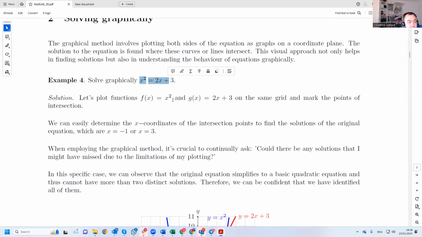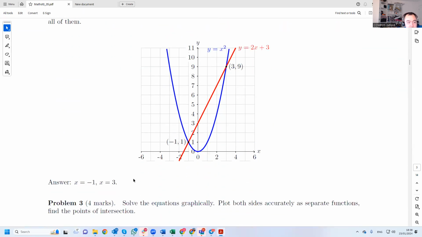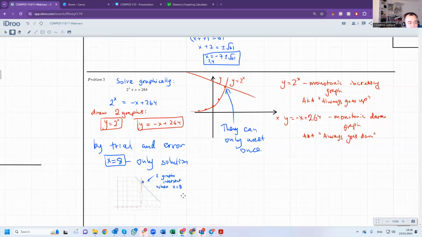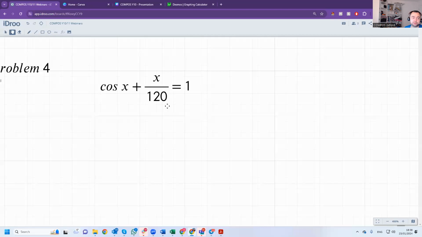It's a quadratic equation. We can solve it graphically, yes, and the solution is -1 and 3. However, some equations we can't solve using algebra, but we can using the graphical method.